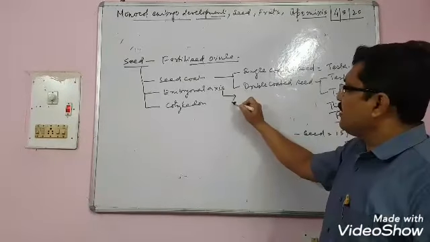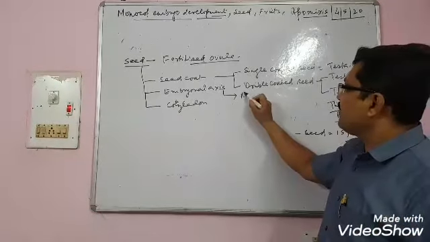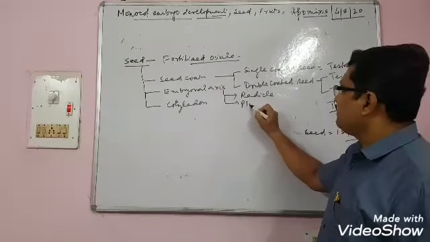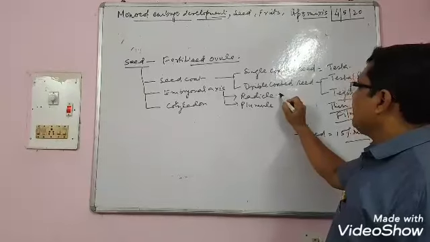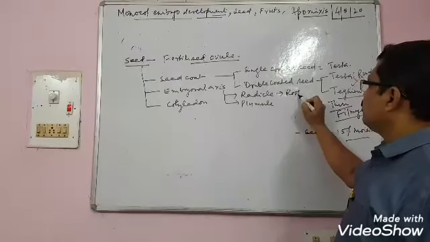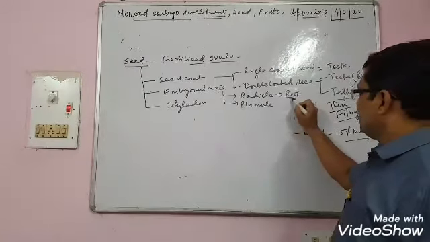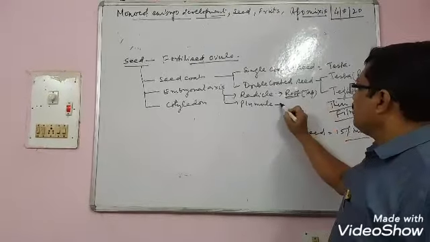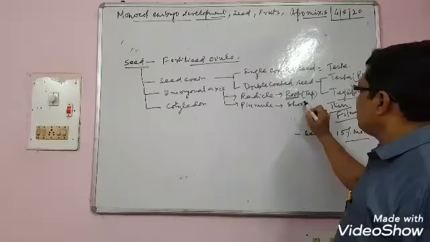The embryonal axis has two main parts, radicle and plumule. The radicle develops as the root, that is the taproot, and the plumule develops as the shoot.